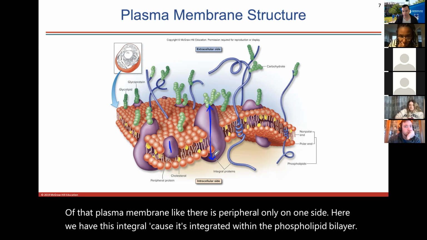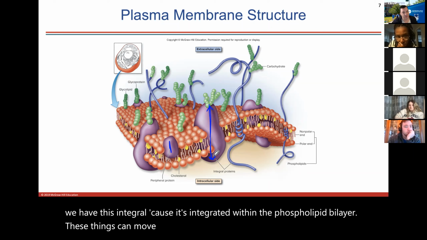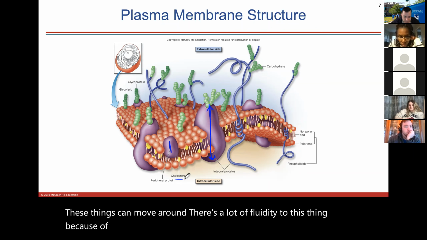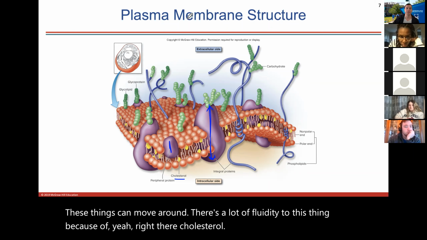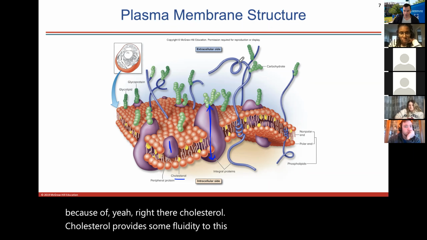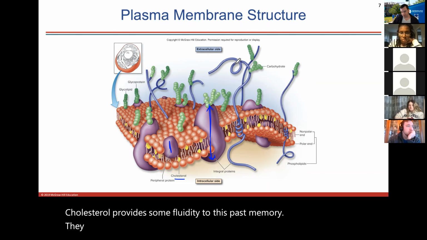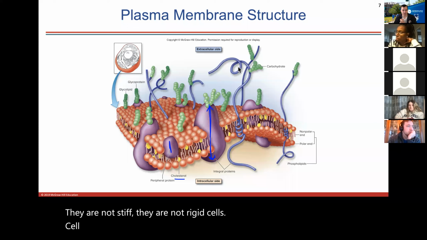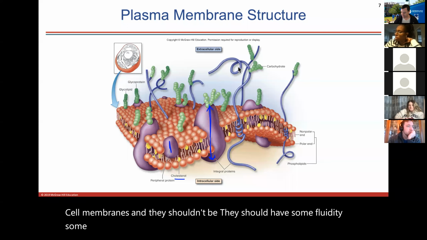These things can move around. There's a lot of fluidity to this membrane because of cholesterol, right there. Cholesterol provides some fluidity to the plasma membrane. They are not stiff, not rigid cell membranes, and they shouldn't be. They should have some fluidity, some bendability, and cholesterol is what allows that to happen.